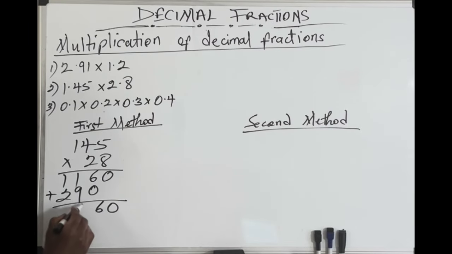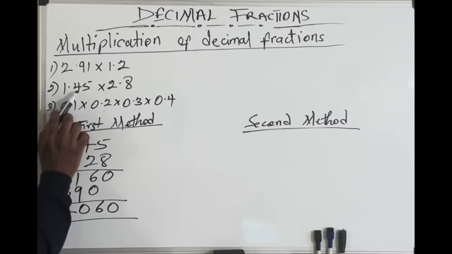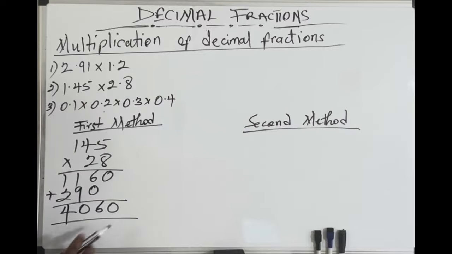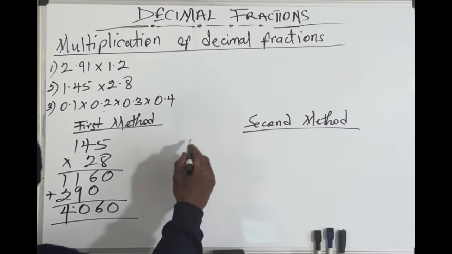Then we count the decimal places: 1, 2, 3, 1, 2, 3. Put a point there. So our final answer will be 4.060. Okay, let's jump to the second method.